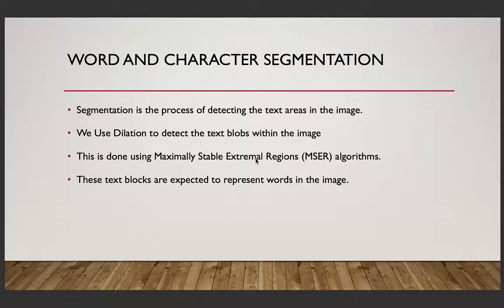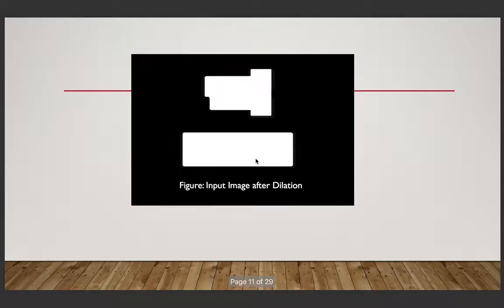We do have an OpenCV implementation for that, and we are using this implementation in our project to highlight the textual regions. After we apply the dilation, the end result is an image which shows the blobs of probable textual areas within the image.